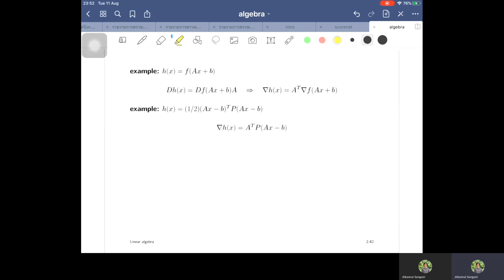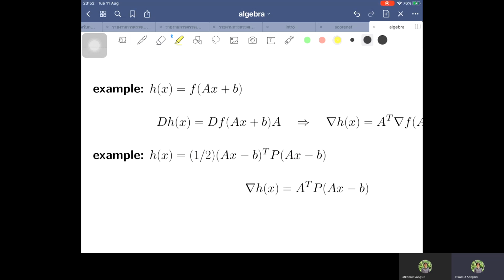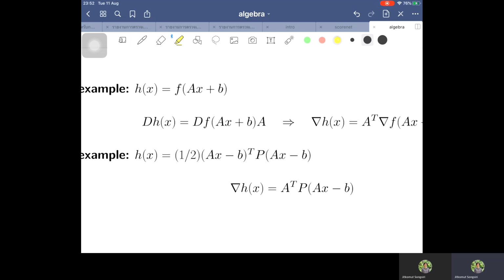Now let's go to some explicit examples that we're going to see in engineering applications. Suppose your H is a composite function of F with Ax plus B. Of course, this is an affine transformation.